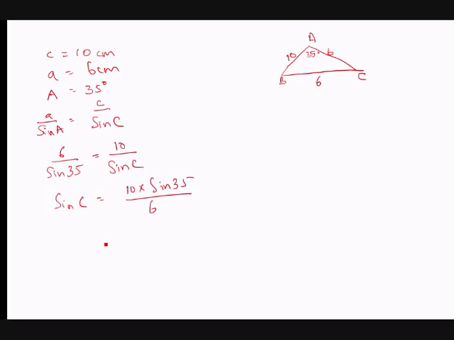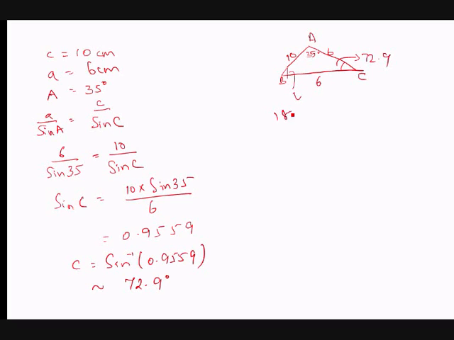When I simplify this, I get that sine C is equal to 0.9559 approximately, and therefore C will be sine inverse of 0.9559, which gives me approximately 72.9 degrees. So if this is 72.9 degrees, then angle B would be 180 minus (35 plus 72.9), because the total angle of a triangle is 180 degrees. Therefore I'll be getting this as 72.1 degrees.